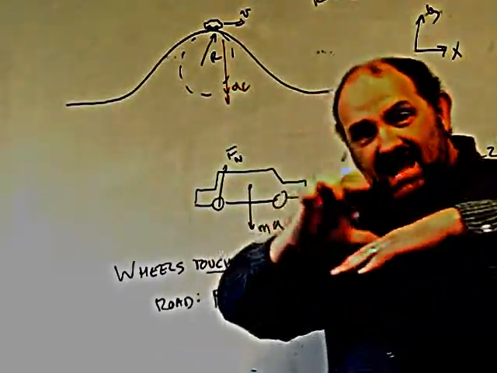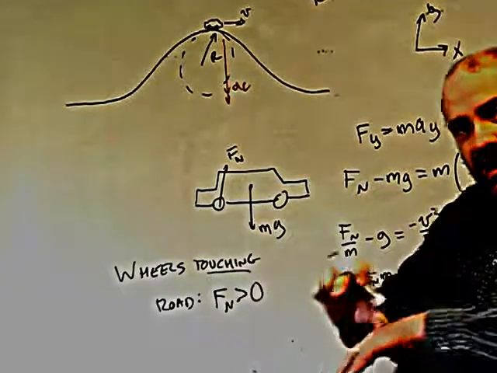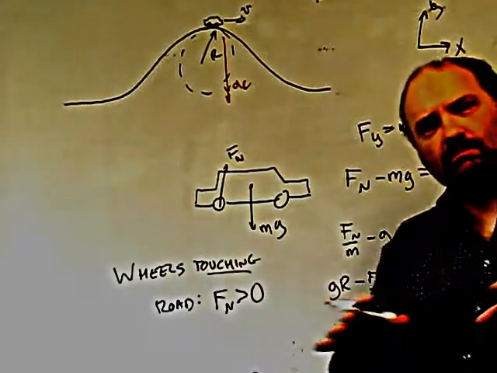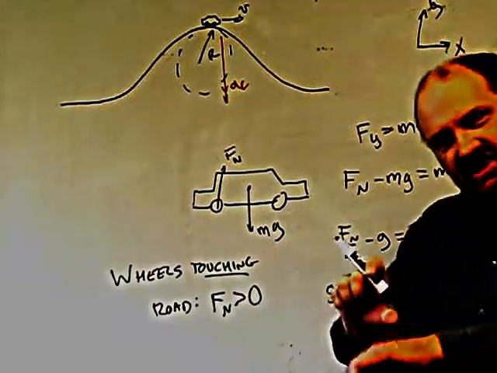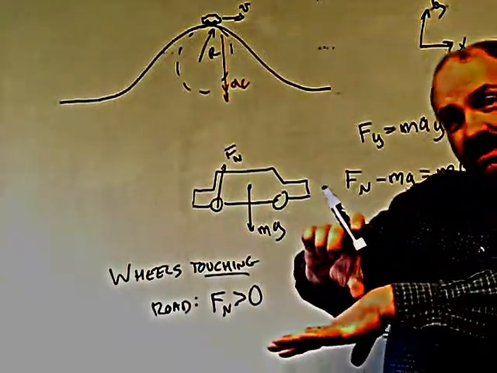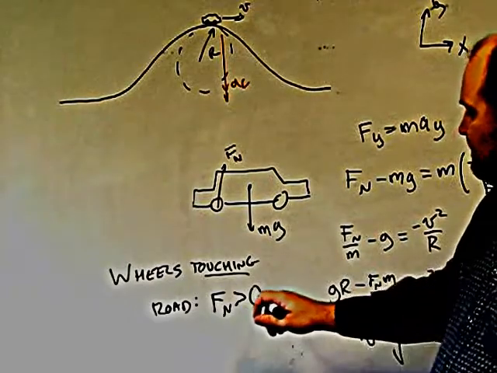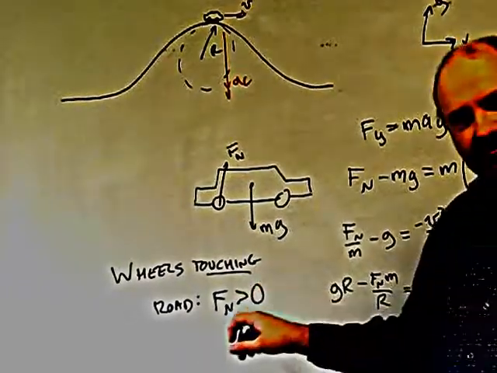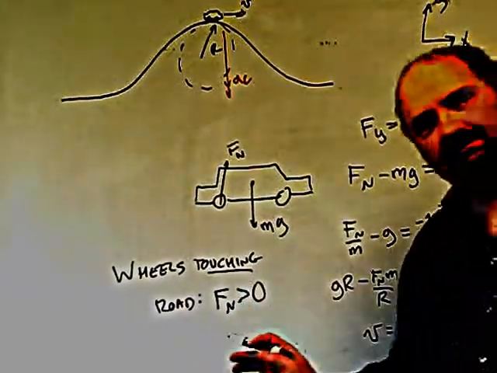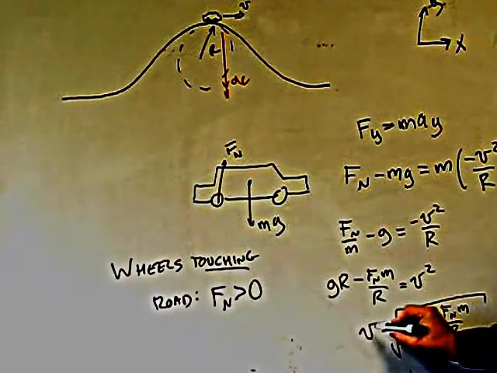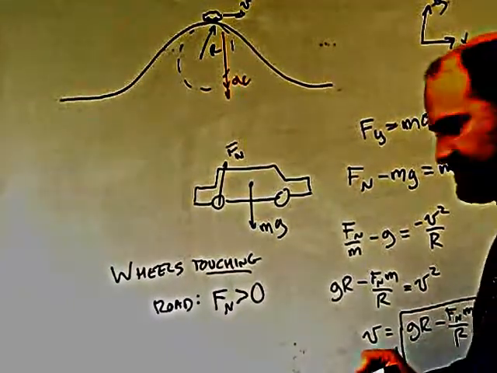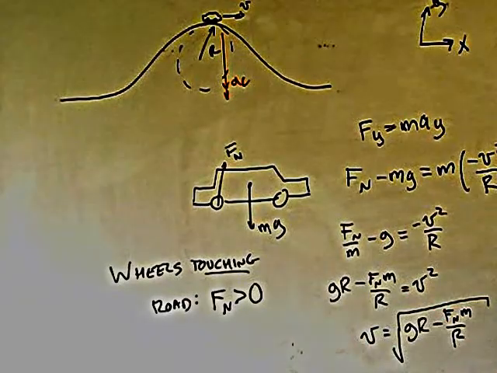If the wheels are not touching the road, there's no normal force because there's no contact interaction, so the border between them is right when Fn shrinks, shrinks, shrinks until it just is at zero. That's right when the car is leaving the road. Okay. Fn can't ever be negative, so this will go down to zero, and so when Fn goes to zero, then v is just root g r. Hey, that sounds familiar. So v is just root g r.